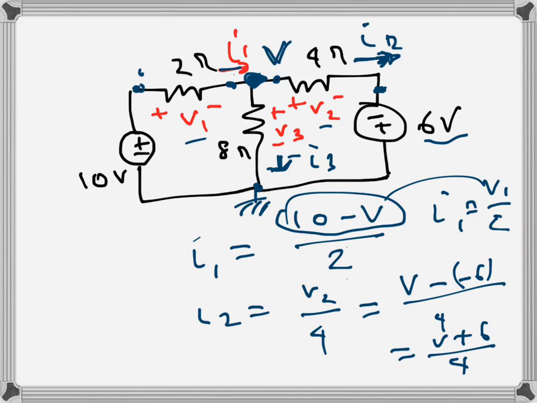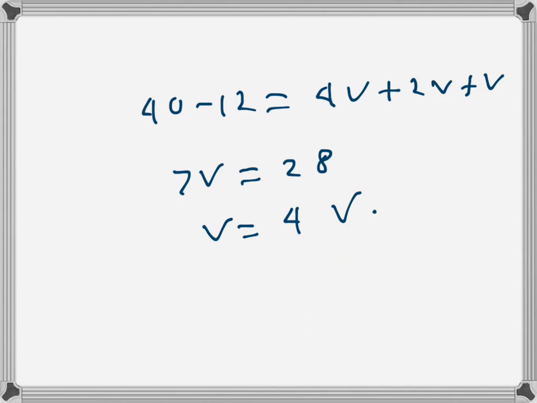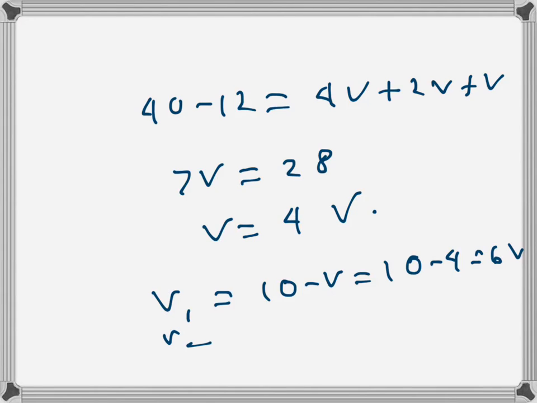So V1 will be 10 minus V, which is 10 minus 4, that's 6 volts. V2 will be V plus 6, so 4 plus 6, that will be 10 volts.